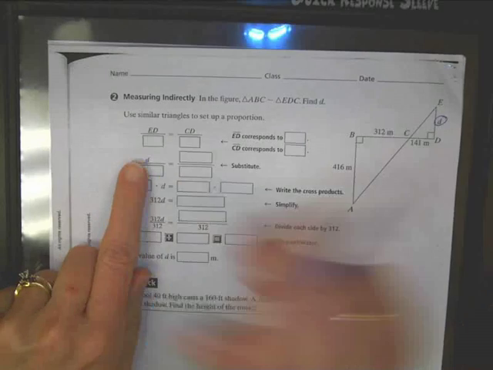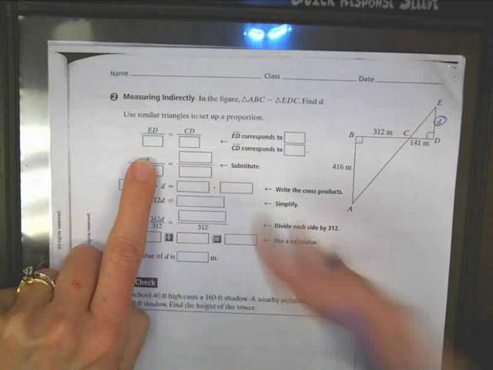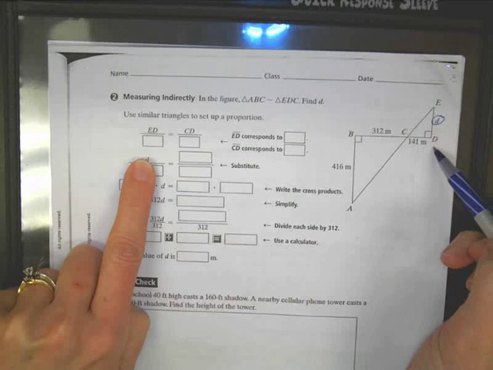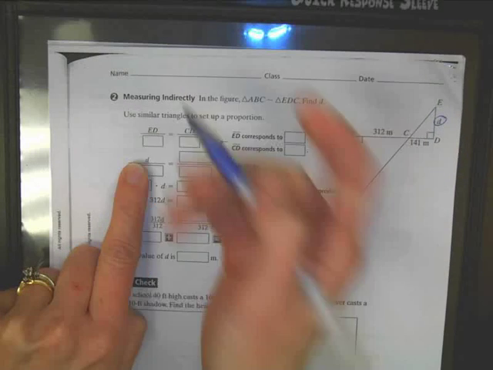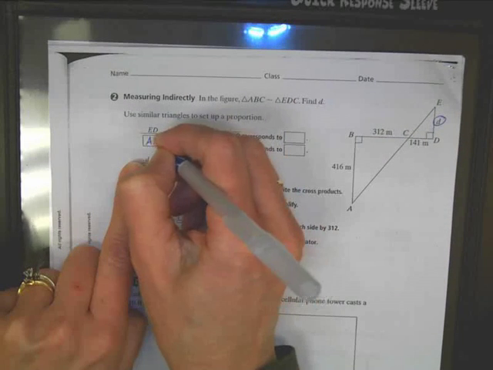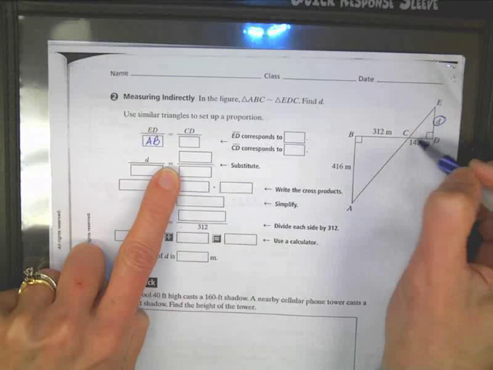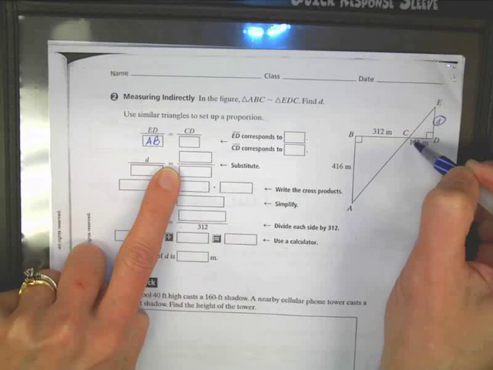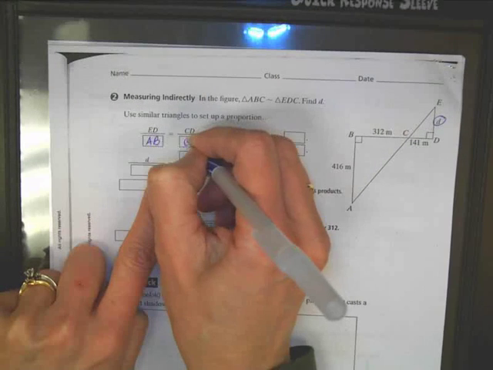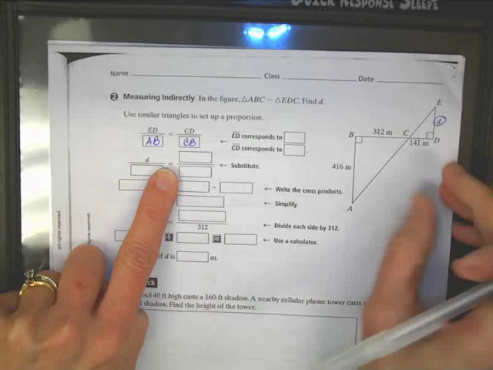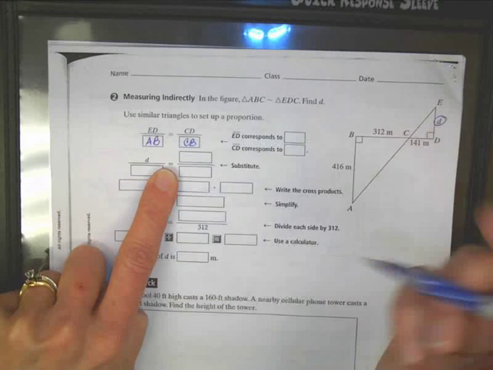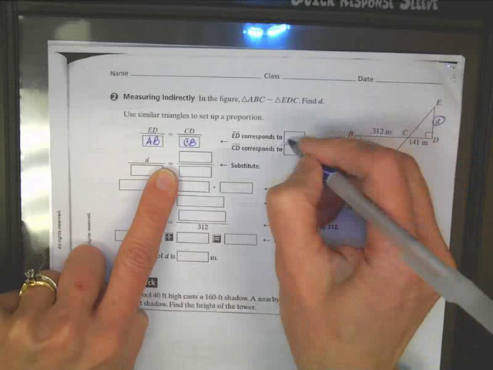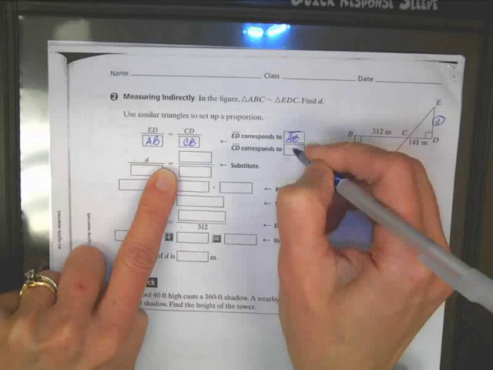First of all, figure out pieces that are corresponding. So ED corresponds to AB, so I'm going to fill that in. And CD corresponds to CB. I'm just using the picture to help me. Remember, this has to be kind of rotated so you can see where you're doing that.